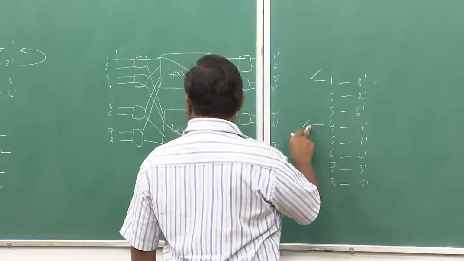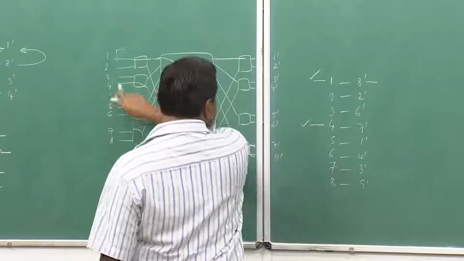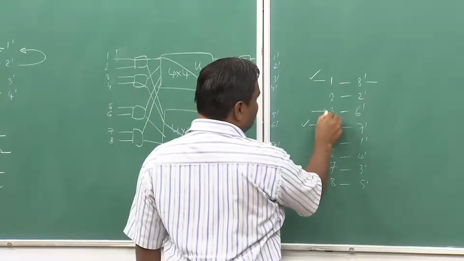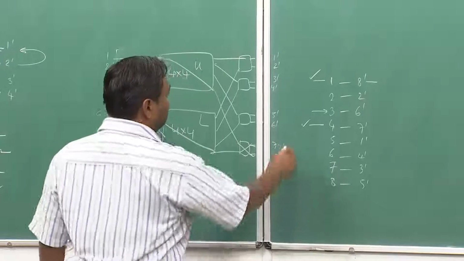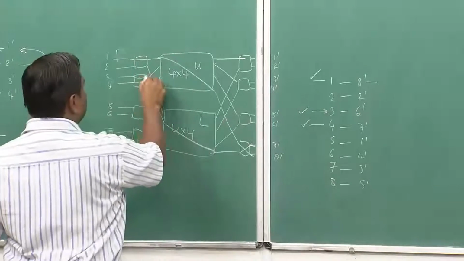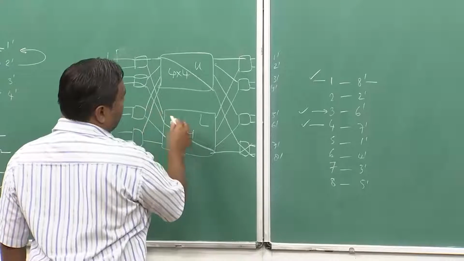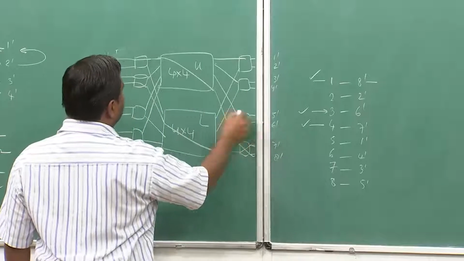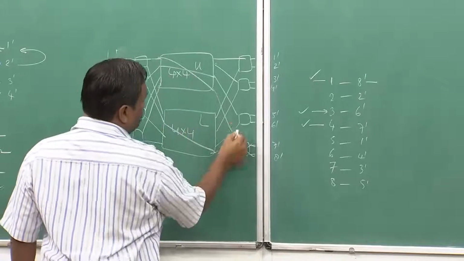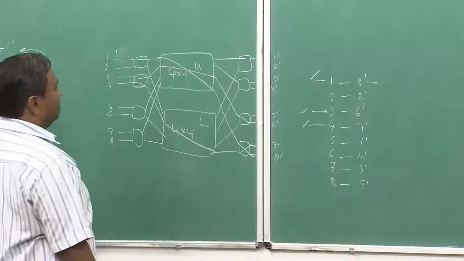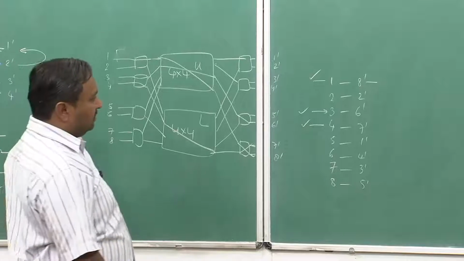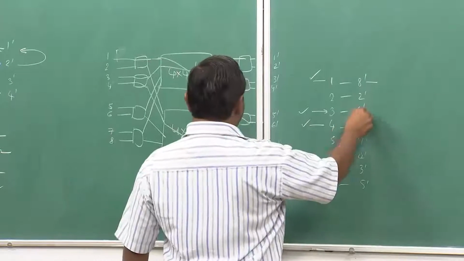Once I have come here, corresponding to 4 I have 3. So, 3 is this, 3 to 6 prime, this has to go from the upper one. It has to come here, 3 to 6 prime it goes, connected. For 6 prime the corresponding number is 5.